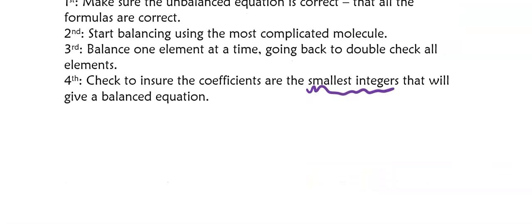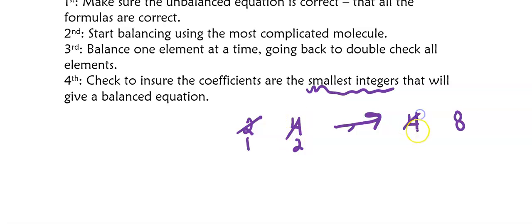What that means is that if you have coefficients of 4 and 8, you can actually divide out and have 1, which you wouldn't write in front. This would be a 2, and this would be a 2, and this would be a 4. That is the lowest or smallest that you can go.